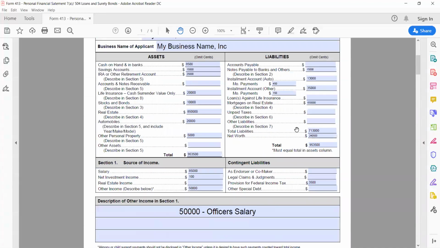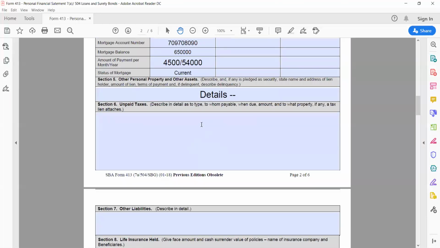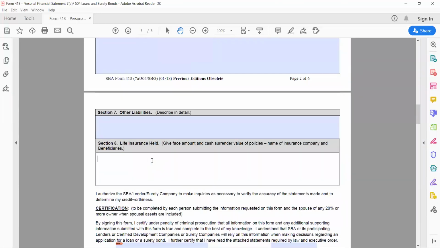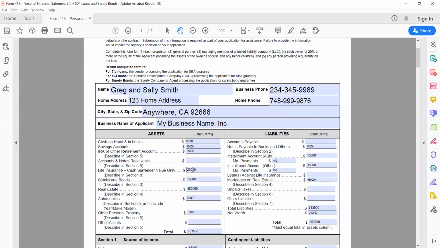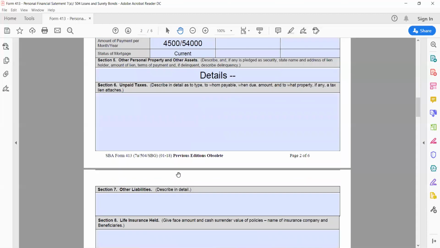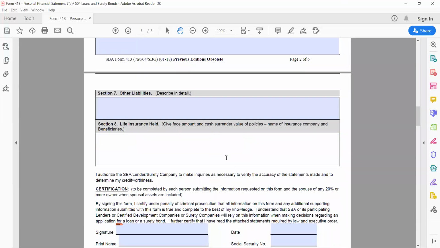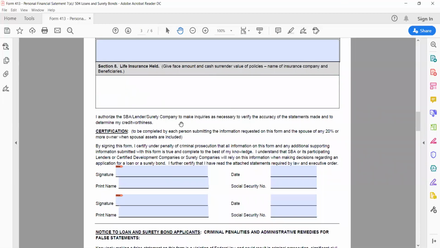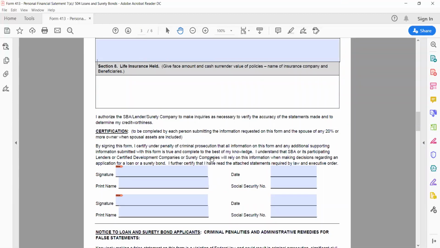Other liabilities, it's here. Anything that didn't fit one of these buckets, you dropped into other liabilities. Section 8 is life insurance. It's this here. Okay, I'm just going to detail out surrender value, name of insurance company, beneficiaries. Okay, and that's about it.